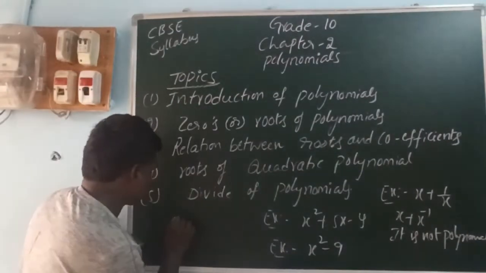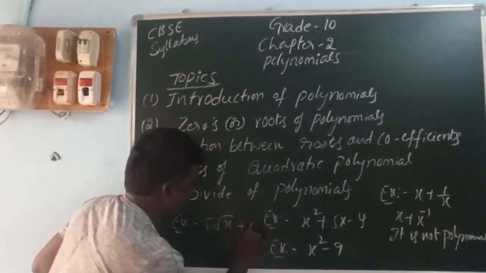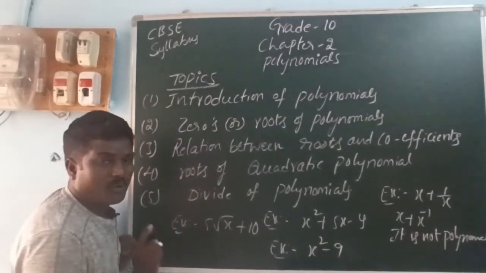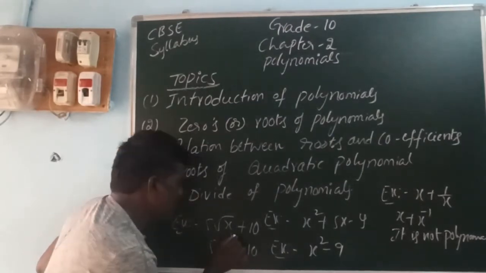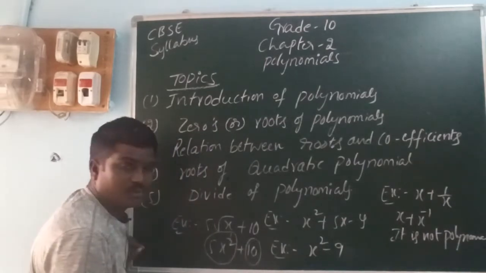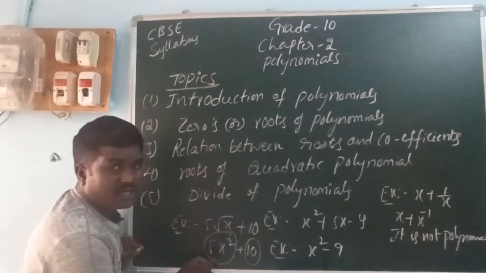Okay, for example, we take 5 root x plus 10. Here root x means what? What is the exponent form? 1 by 2. That is 5 into x power 1 by 2 plus 10. So this term degree is 1 by 2, and this term degree is 0. So here the term degree is in fraction form. Therefore it is not a polynomial.